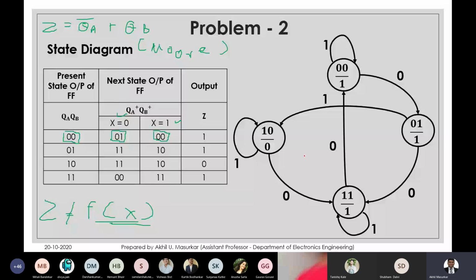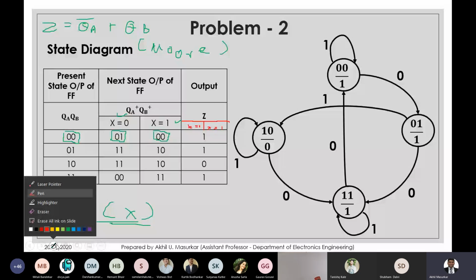If it would have been a Mealy circuit, then we would have got something like this: x equal to 0 and x equal to 1. That means for every x, we would have got a next state as well as an output. That is the time when we would have written that way.